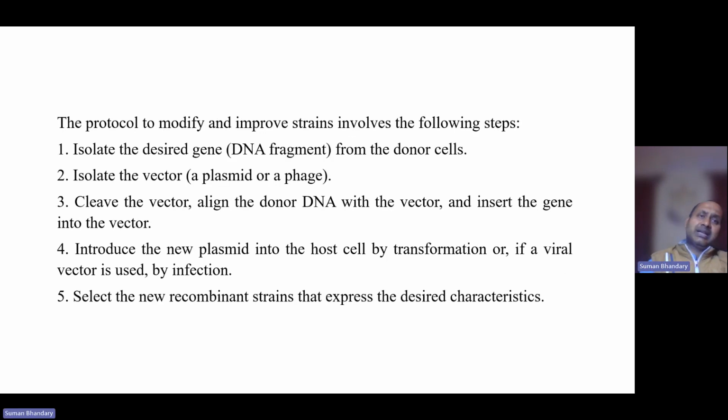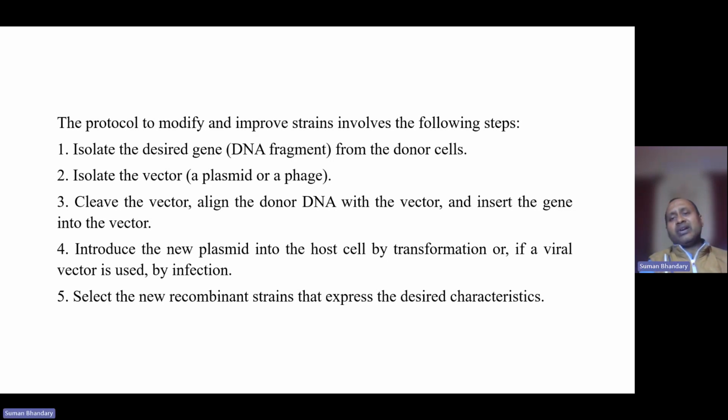Now we will discuss the protocol to modify and improve microbial strains. Now, what are the steps we have to follow to modify and improve microbial strains? First, we have to isolate the desired gene, meaning the DNA fragment, from the donor cell.